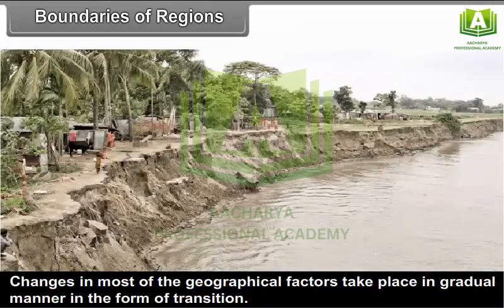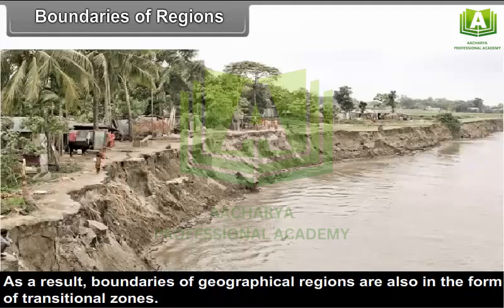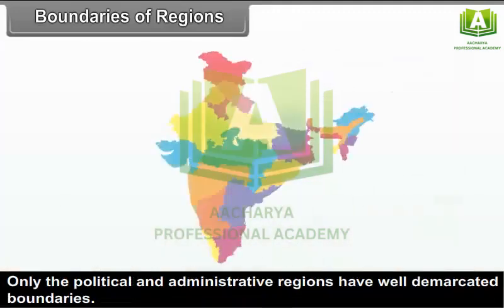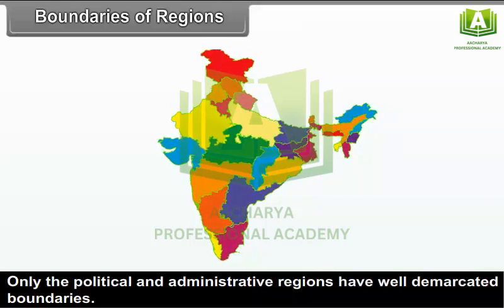Changes in most of the geographical factors take place in a gradual manner in the form of transition. As a result, boundaries of geographical regions are also in the form of transitional zones. Only the political and administrative regions have well demarcated boundaries.